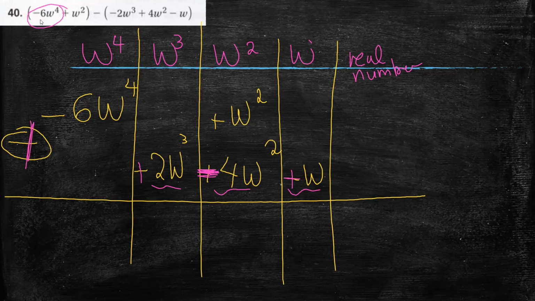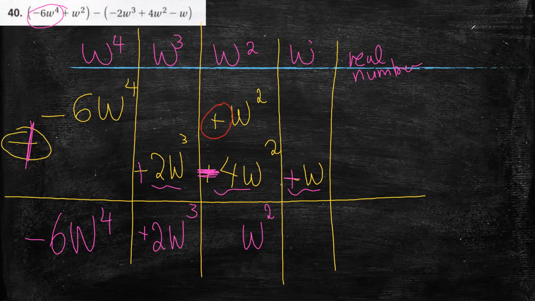Then, negative 6w to the power 4 plus nothing, keep it as it is. Then 0 plus anything will be the same one. Plus 2w cubic plus w squared minus 4, first keep w squared as it is. Then look at the coefficients: positive 1 minus 4 will be negative 3. So negative 3w squared.